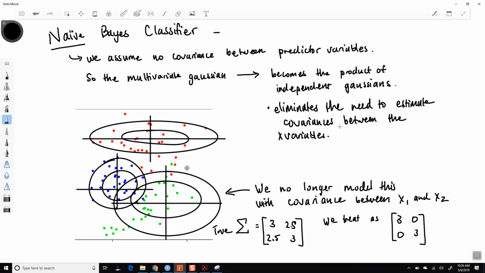Okay, and for high dimensional data, there's a lot. Okay, so that's the naive Bayes classifier.